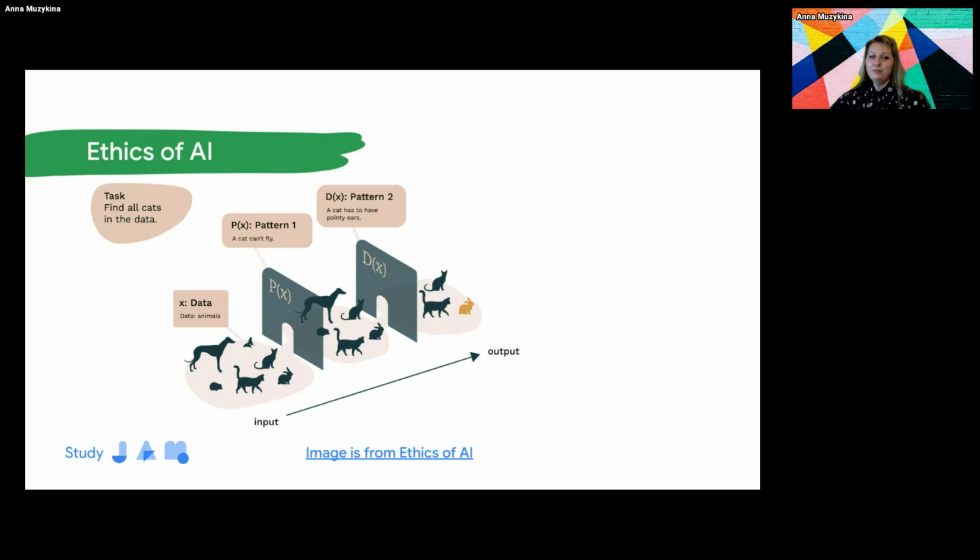If we make everything too transparent, it might be easier for bad actors to mess with the system. And sometimes explaining how a complex AI works can be really difficult. Also, people can use that information for bad purposes.